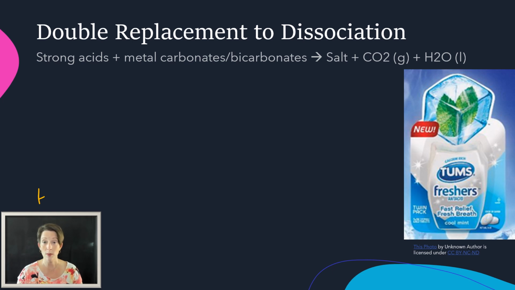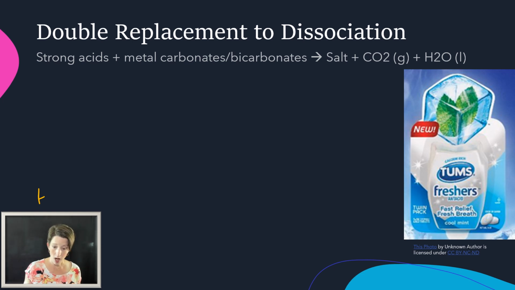Dissociation is when we put a compound in water and it forms its ions in aqueous solution. However, with some dissociations, we get a state of matter change. With these reactions, the bases that we react with are carbonate or bicarbonate ions that are in a salt form with a metal.